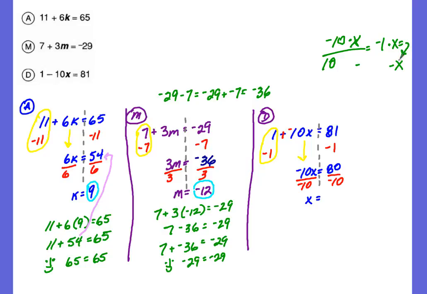That's not what we want. We want x. So we have to divide by negative 10. That's the coefficient. So you divide both sides by negative 10, and you get negative 8.